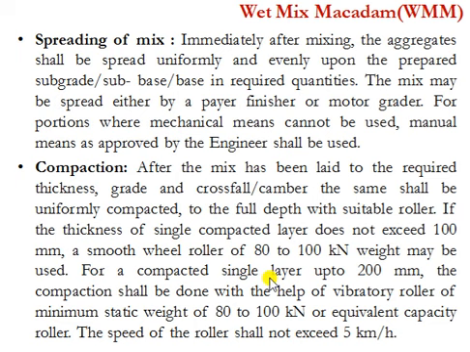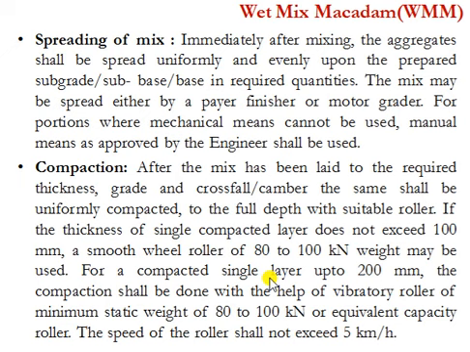So here in this process, the mix is compacted uniformly to its full depth by using a suitable roller. Suppose the pavement has a single layer and the thickness of the layer does not exceed 100 mm, then we should use a smooth wheel roller of weight 80 to 100 kilonewton.